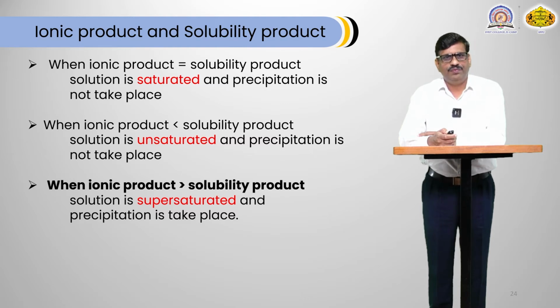I repeat again, when ionic product is equal to solubility product, no precipitate formation takes place. When ionic product is less than solubility product, also no precipitation takes place. But when ionic product is greater than solubility product, the solution is supersaturated and precipitate formation takes place.